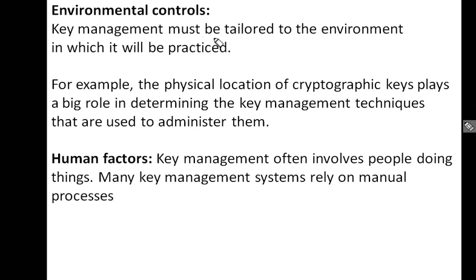The key management must be tailored to the environment in which it will be practiced. For example, the physical location of cryptographic keys plays a big role in determining the key management techniques that are used to administer them.